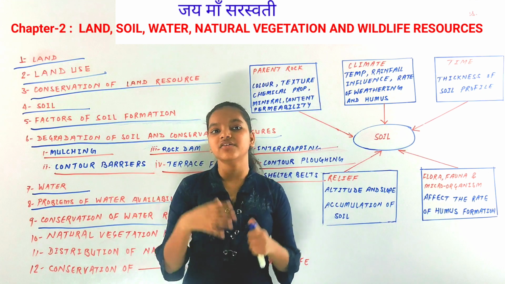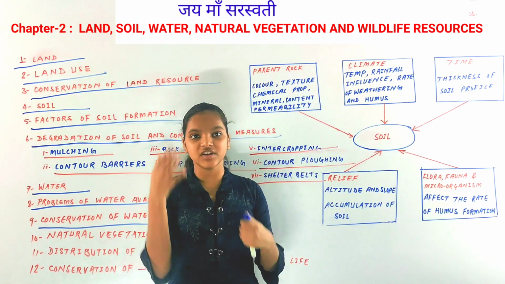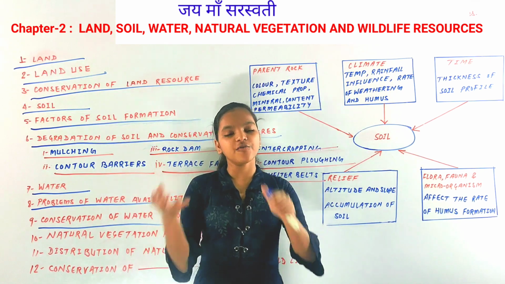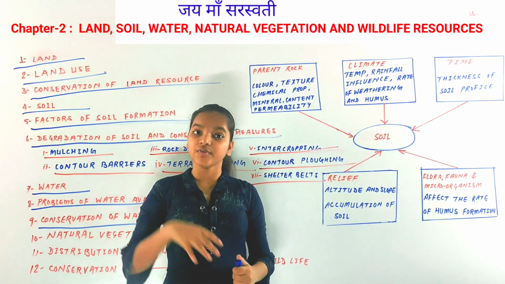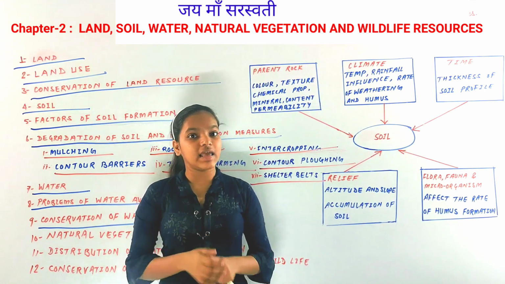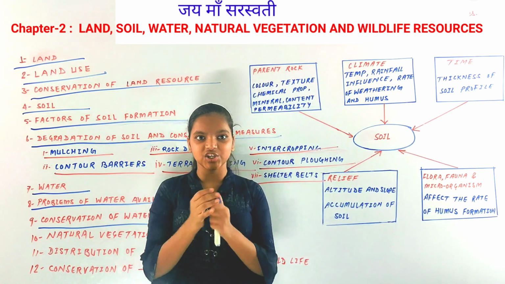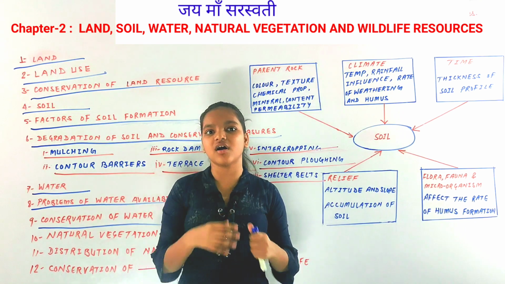This is because of humans, industries and factories that are ever growing. So we have to conserve water. It's a renewable resource, but if we are polluting it, then it can be on the verge of extinction. So we have to conserve it, and there are many ways to conserve it.